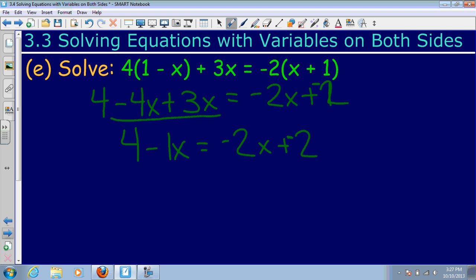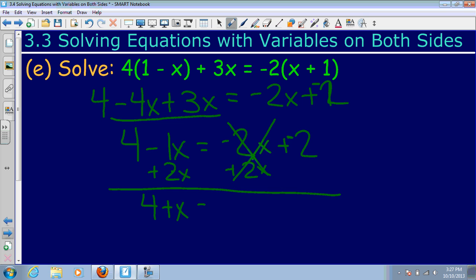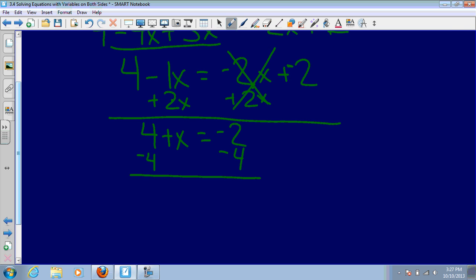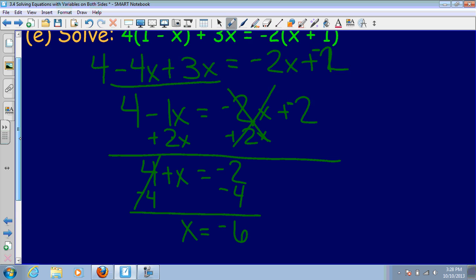We want to bring x over here, so I want to add 2x to both sides. Those x's will cancel. 4 plus x equals 2. Subtract 4. X equals negative 2. So if we were to substitute that back into the equation, we would get the same value on both sides.